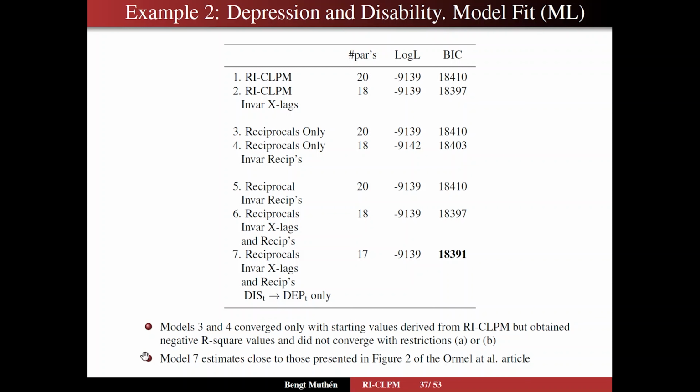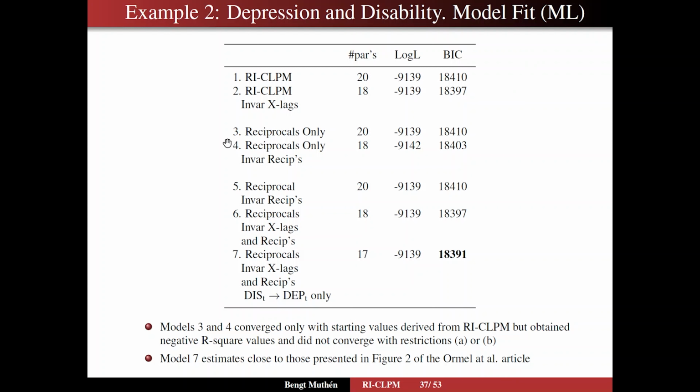Now I should just mention that for model 7 the estimates are very close to those presented in figure 2 that we looked at before of the Ormel article. So these values are probably fairly representative of what would happen in a real data analysis if we had the raw data. Note that I have not given chi-square fit or RMSEA at all here, because those would not be correct.